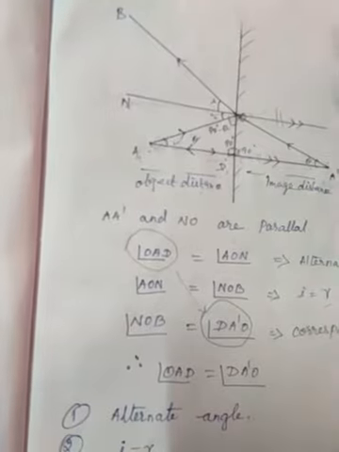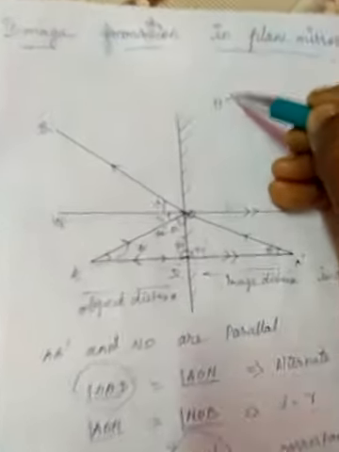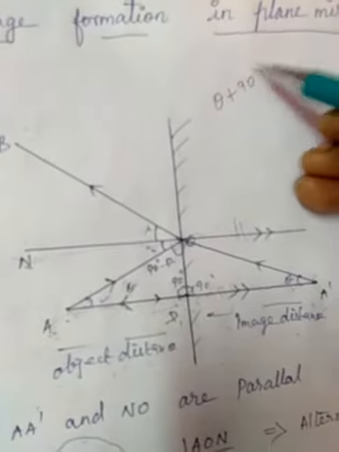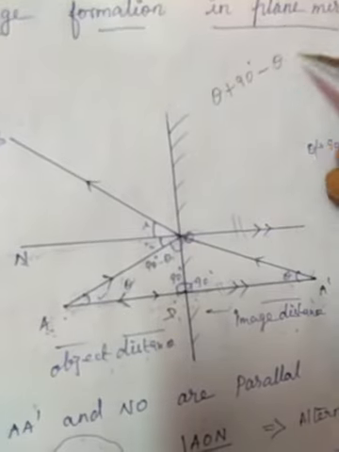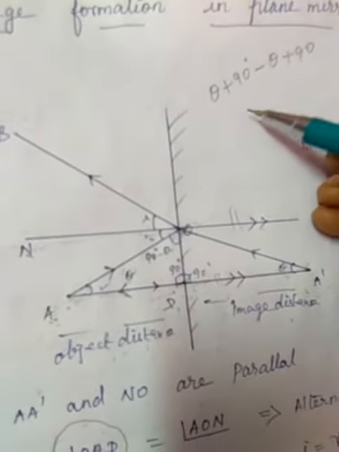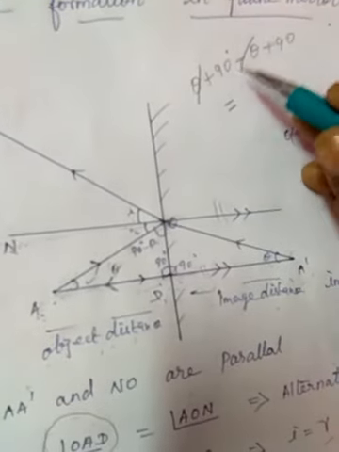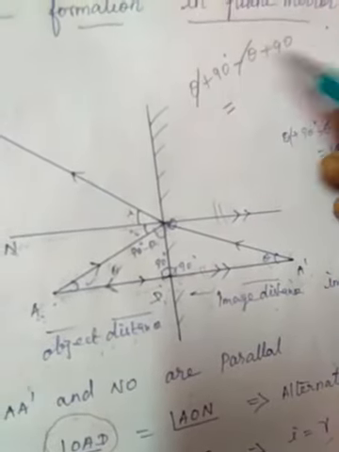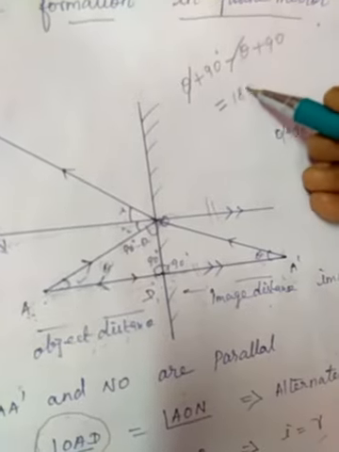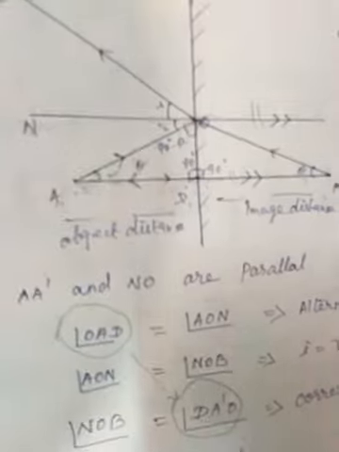Substituting: theta plus 90 minus theta plus 90. Theta cancels, minus theta plus theta. Add 90 plus 90, 180 degrees. So the three angles add up to 180 degrees.